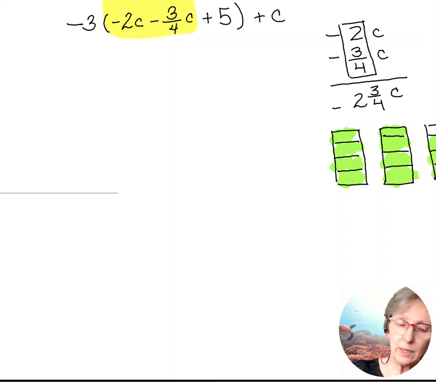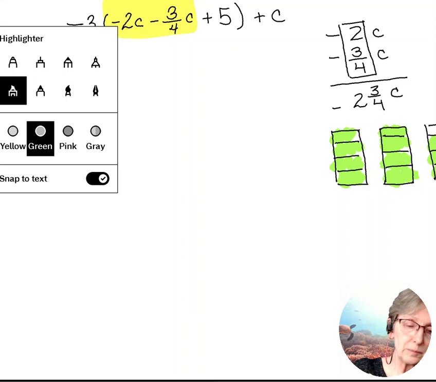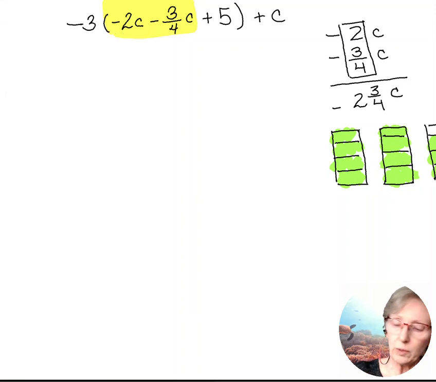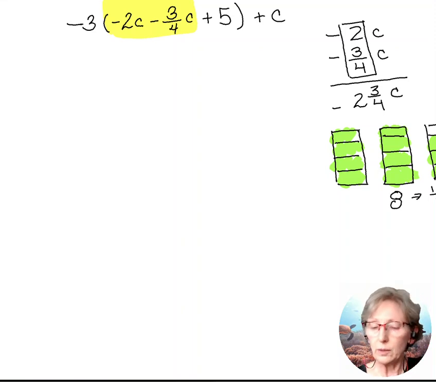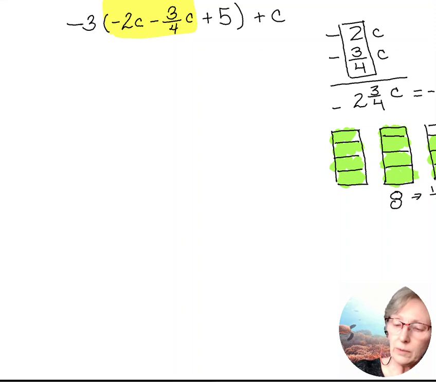So altogether, 2 and 3/4, we have 8 out of the 2, and then 9, 10, 11 quarters. Okay, so that would be negative 11 over 4c.